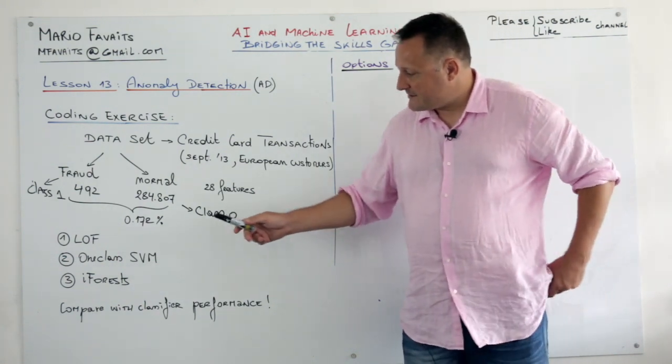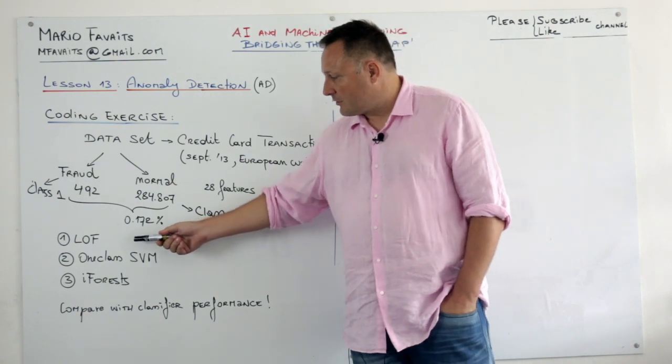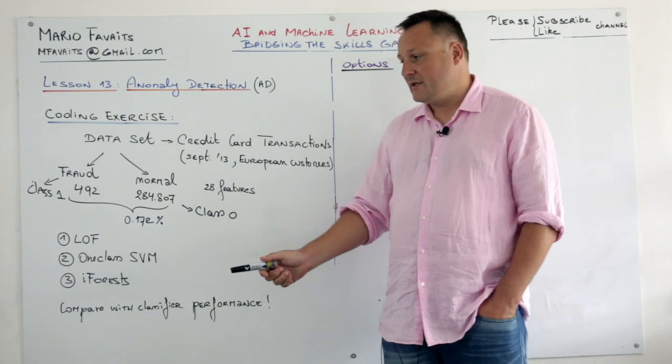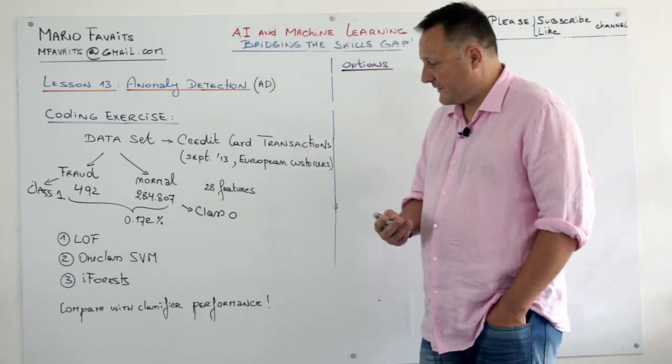We will basically look at the three classifiers that we saw, which is local outlier factor. We will do one class support vector machine and isolation forest or isolated forest.